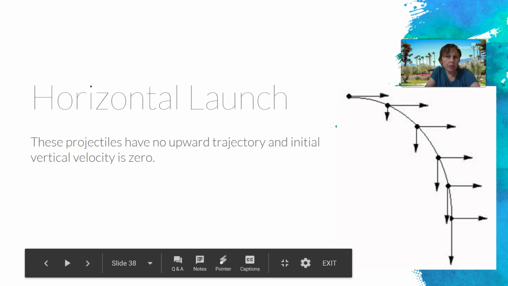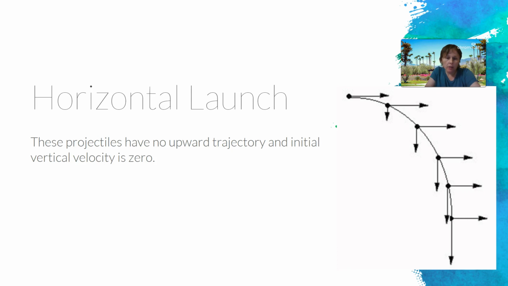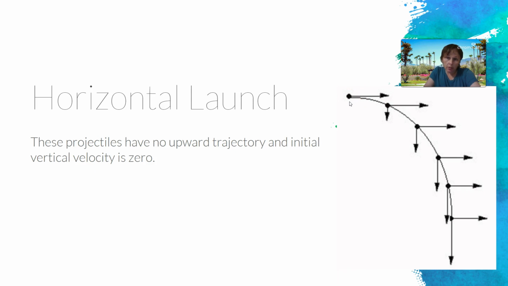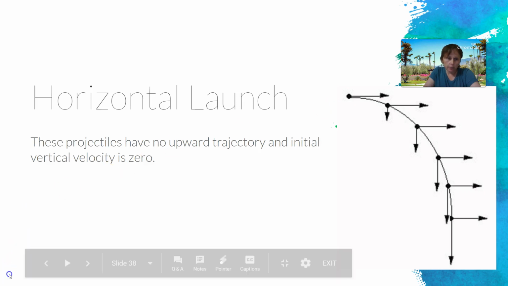Let's look at a special case of projectile motion, horizontal launch. For this case, the object begins the motion with a horizontal initial velocity, and the vertical initial velocity is 0.